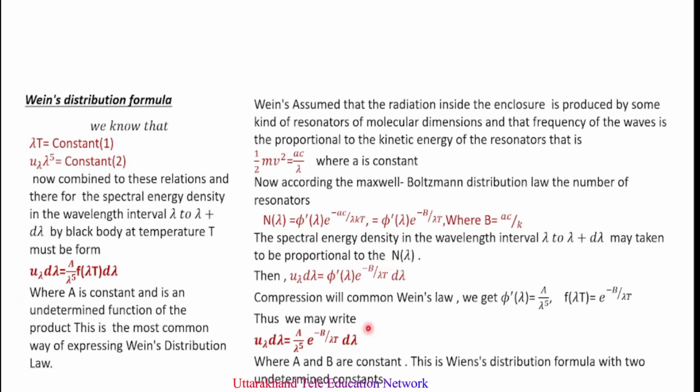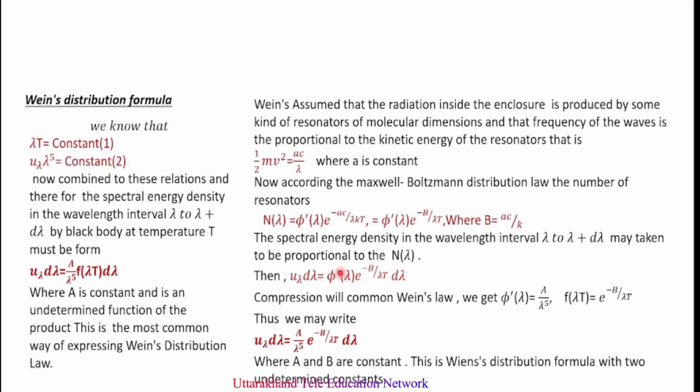We can put u lambda d lambda equal to phi dash lambda e to the power minus B upon lambda T d lambda.